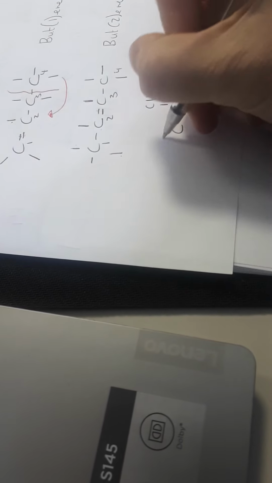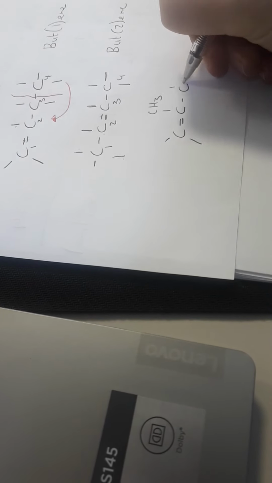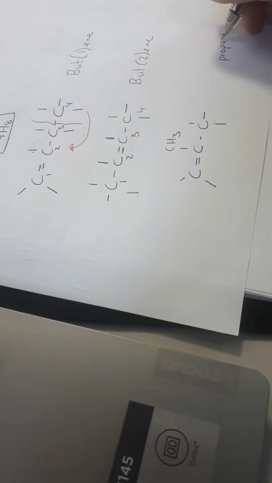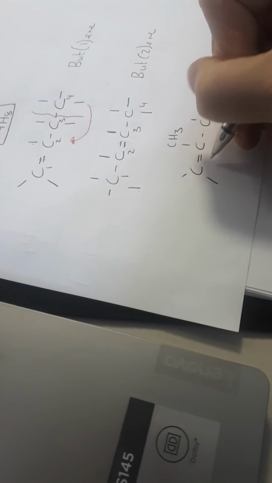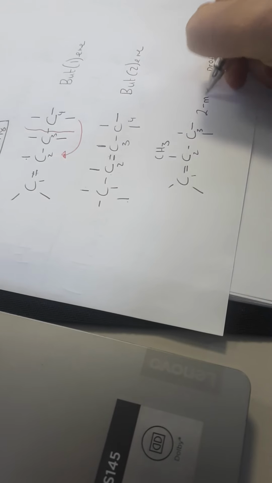So if I count again, 4 carbons, 8 hydrogens. Meth, eth, prop, so that's propene. And numbering left to right or right to left, 2-methylpropene.